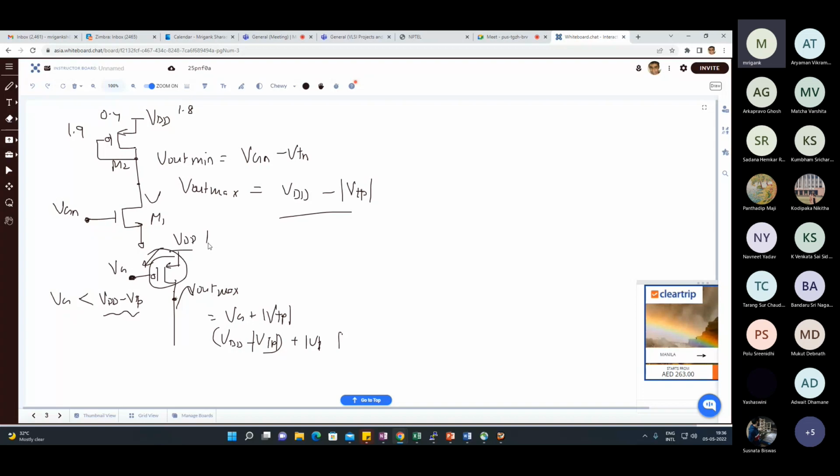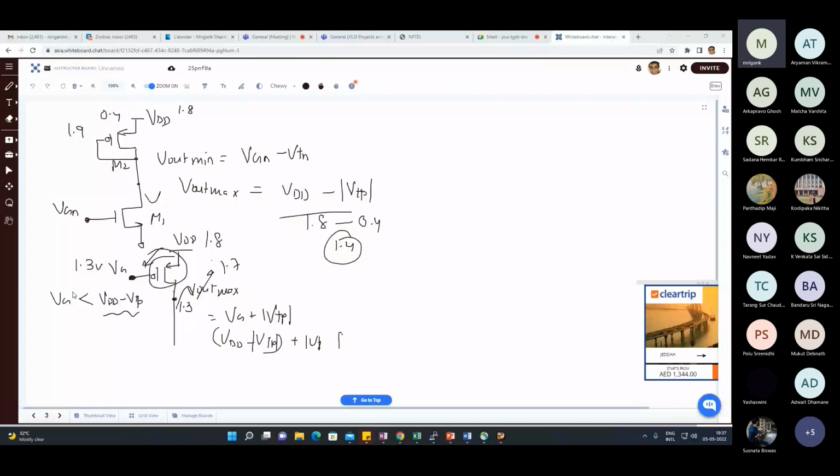Okay. So in this case, what is the value? If we have 1.3 volt, it is 1.3 plus mod VT, so it can go to 1.3 plus almost 1.7. Whereas in this case, you are limited to VDD minus mod VTP, which is 1.8 minus say 0.4, which is 1.4. So you can see that generally this case you will have higher swing, because you are able to go to VG plus mod VTP, whereas in the other case you are limited by the VT.